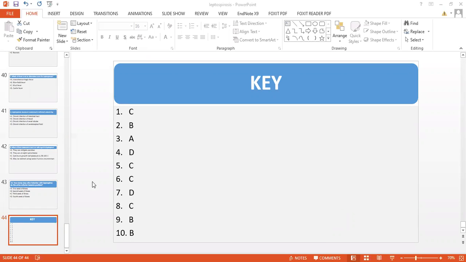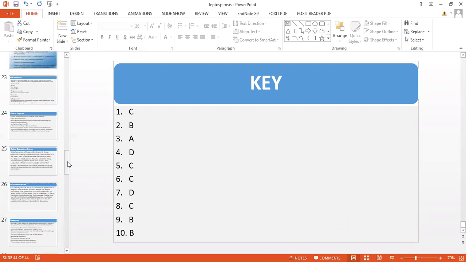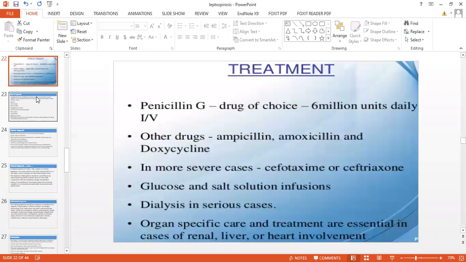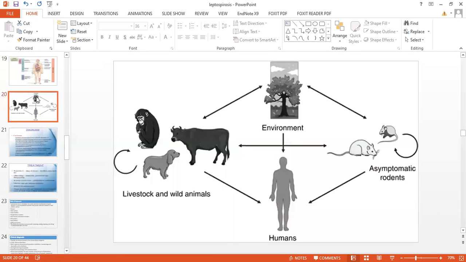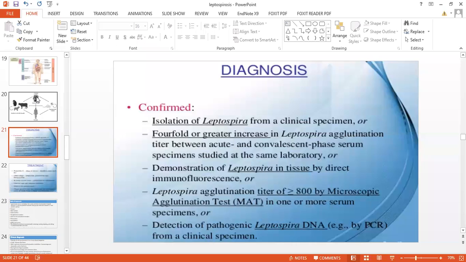The diagnostic test I mentioned there, you can go through the gold standard: microscopic agglutination. Yes, this is the diagnosis, the gold standard. You can also use PCR, but the MAT, the agglutination test, with a titer of more than 800 by microscopic agglutination test in one or more serum samples.